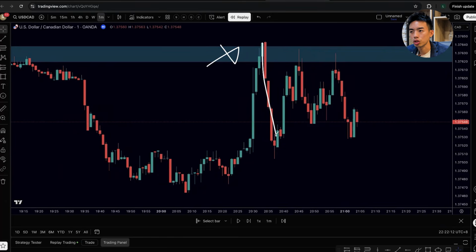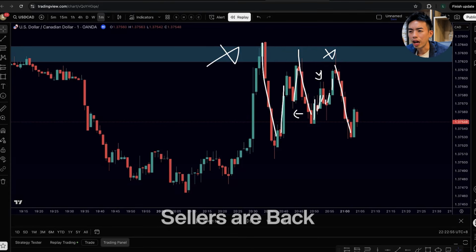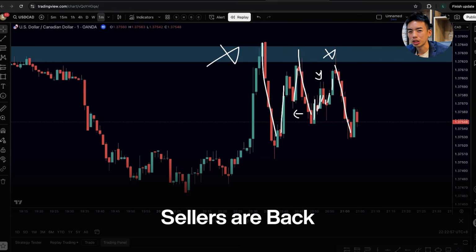We have a strong reaction the first time, second reaction strong, but look at the seller. They're still looking pretty weak versus what the buyers are trying to do. But the third time here, buyers took 1 bar, 2, 3, 4, 5, 6, 7 bars to go up, reaching that spot, and sellers just took it down in a couple of candles. And that's telling me the buyers are pretty much gone and the sellers are now back ready to rumble.